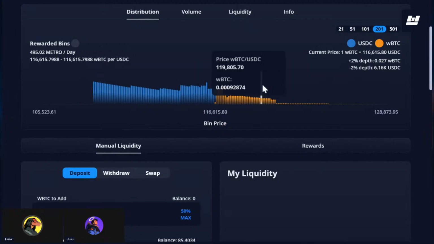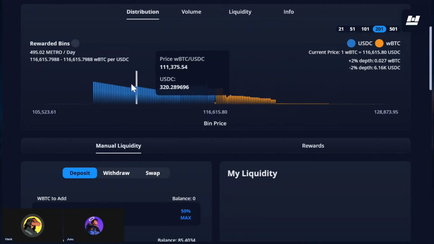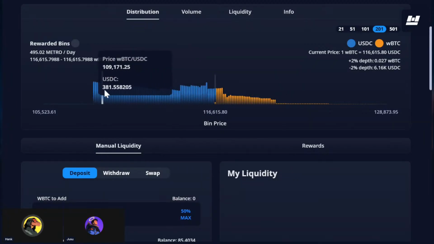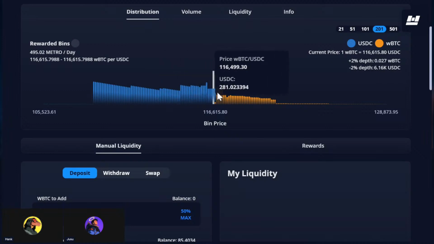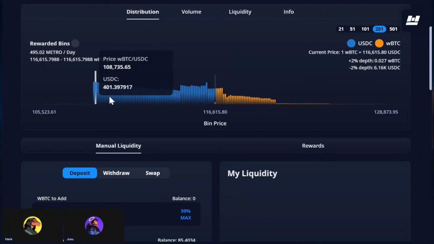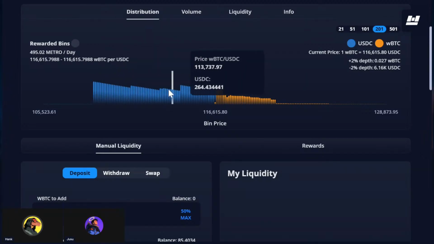And I can see here the allocation. Here, look, you can see how people are using it. You can see here the liquidity that many people are allocating in USDC down here in these kinds of bid-ask shapes, because they're hoping that the price goes down, and as it goes down, they would convert their USDC to Bitcoin and then remove the bins.